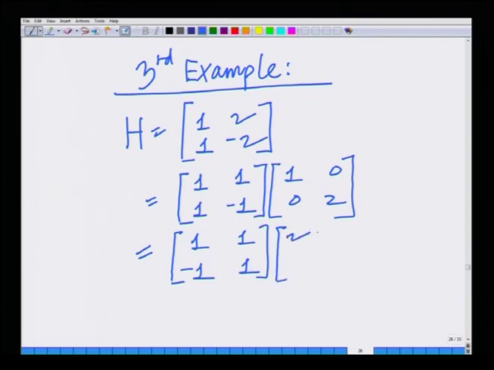I can reorder these as follows. You can verify that this can be written as this matrix times again the same matrix that we had seen before, the identity matrix, which is flipped. Now, these are not yet the singular values, but they are ordered. Now, this matrix V here, which is 0 1 1 0, is clearly a unitary matrix, except this U matrix does not have normal columns.